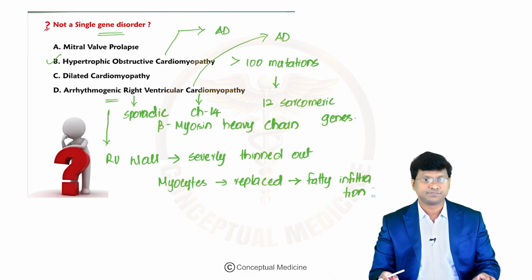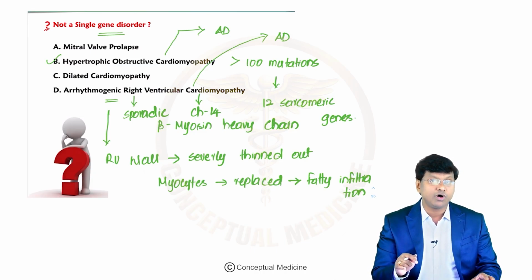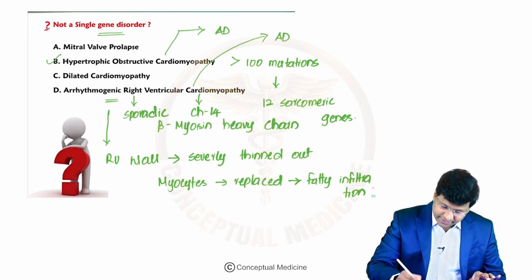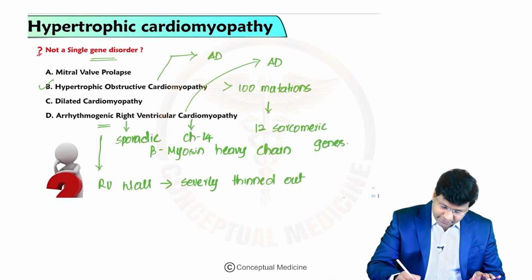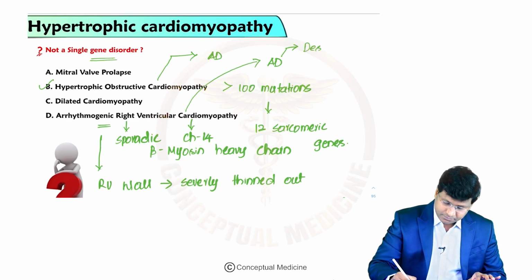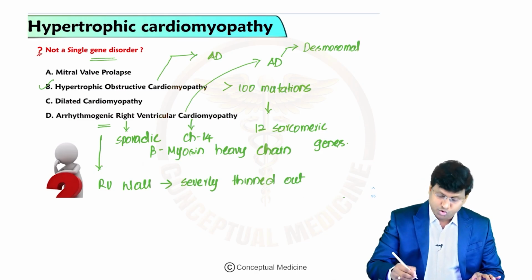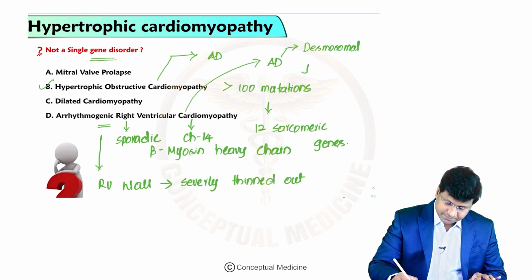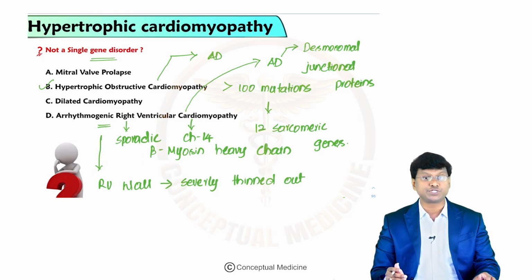The gene which is mutated is involved in desmosomal junctional proteins.